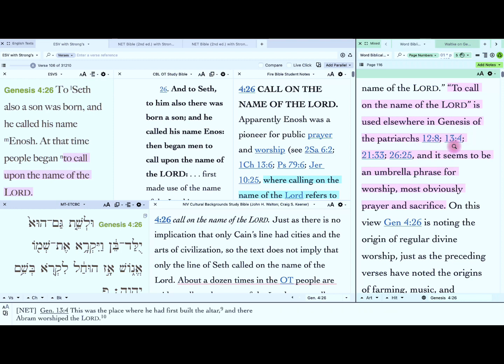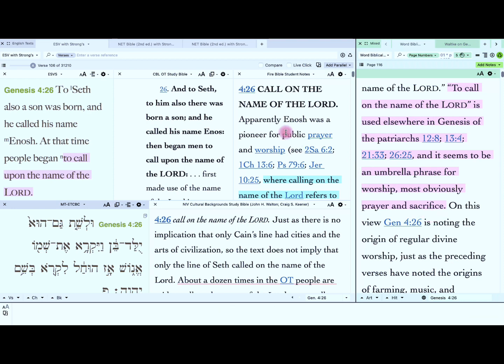Here's Genesis 12:8, 21:33, and 26:25. And it seems to be an umbrella phrase for worship, most obviously prayer and sacrifice. So, I think we have a point, right? To call upon the name of the Lord, according to these exegetical commentaries, means to worship the Lord through sacrifice, through prayer.